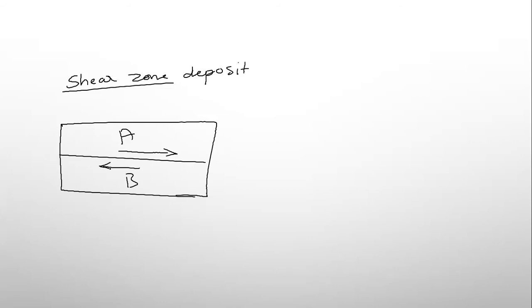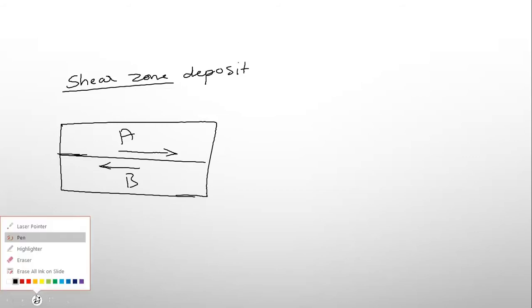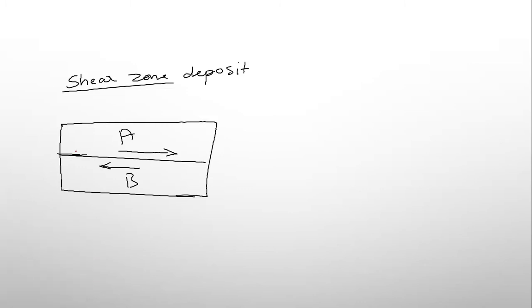Because of this, wherever this line is, there will be formation of cracks. Small cracks will be generated, or these are called fractures.